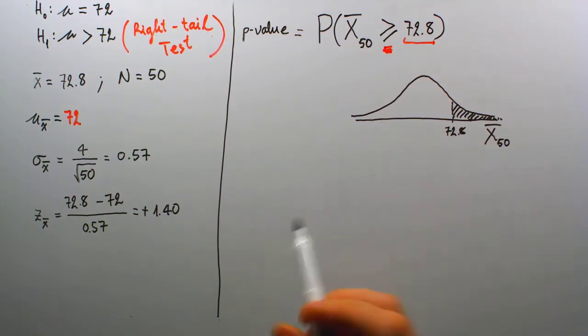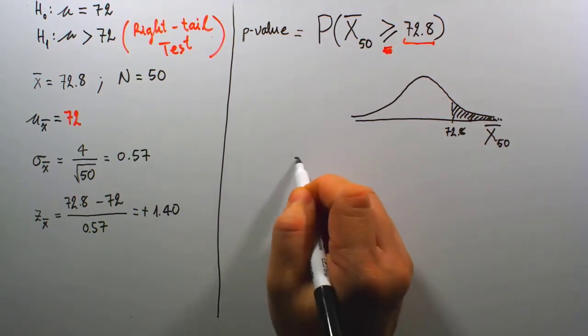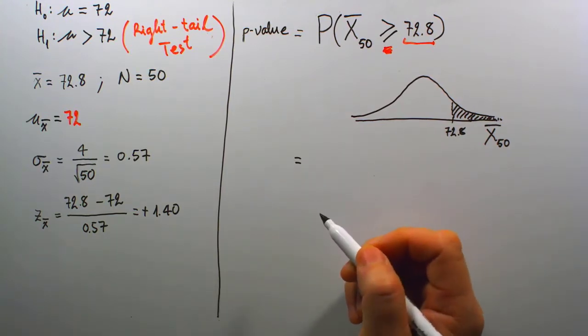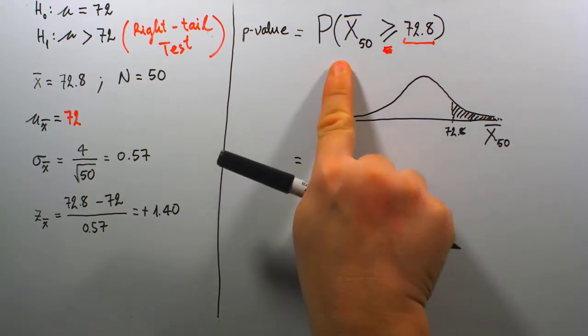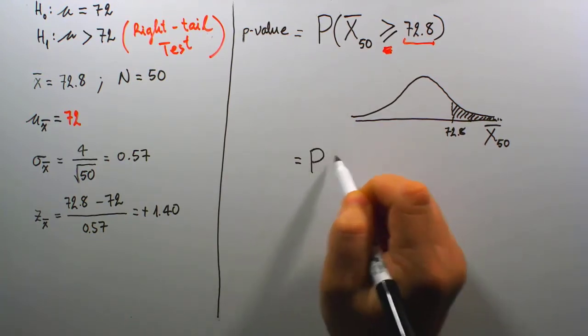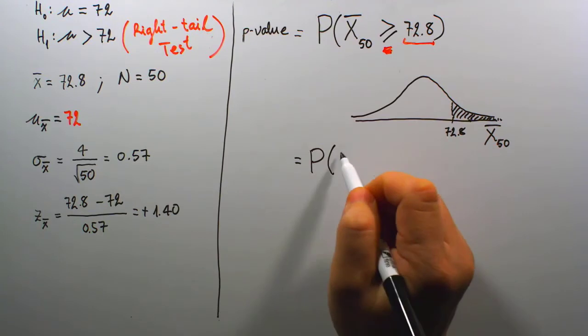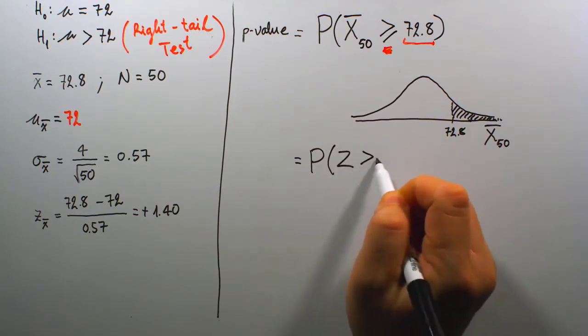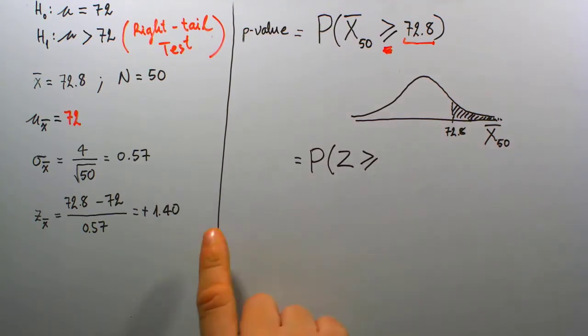But then proceeding further into actually calculating the value of this probability, this probability should equal the probability on the standard normal distribution curve where the z-score is greater than or equal to positive 1.4.